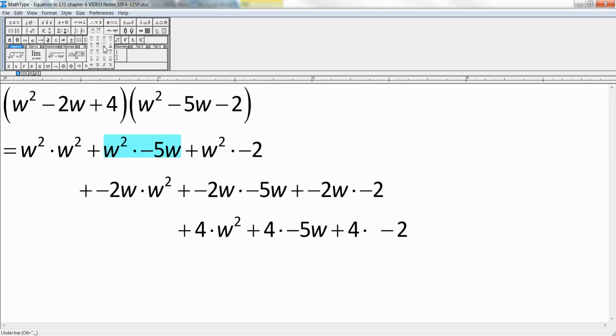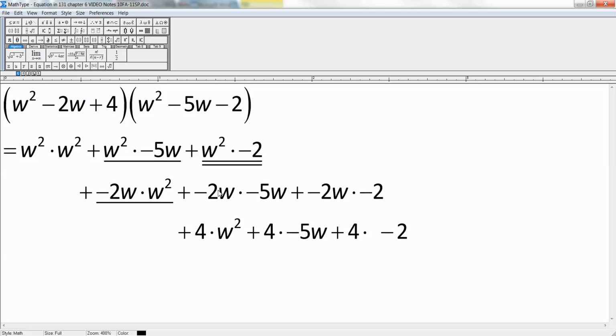This one, the way I've written it here, is going to line up with this guy right here. And they're both w to the third ultimately, because you have a w times a w squared. So these two are actually like terms, and they're lined up vertically one over the other. And then this one right here with the w squared, notice he is right over another one that's w squared.